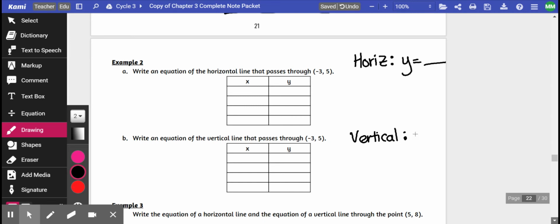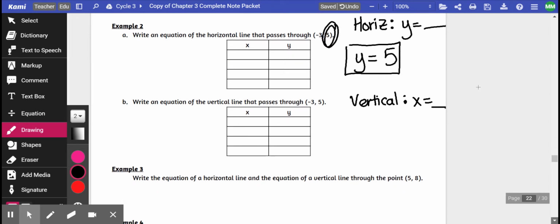And your vertical line will just be x equals whatever value it is. So for part A, if we're looking at the horizontal being y equals, we're going to use the y value. So our horizontal line will just be y equals 5. And for part B, we want the vertical line, so we're going to use our negative 3. So we have x equals negative 3.